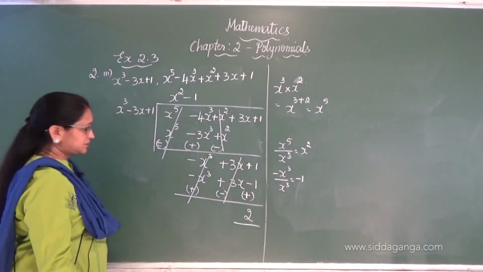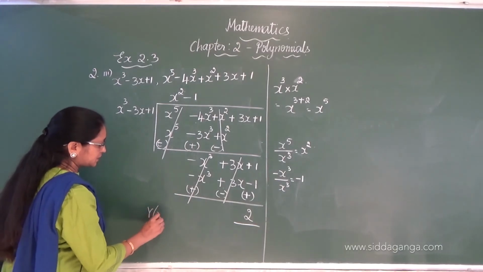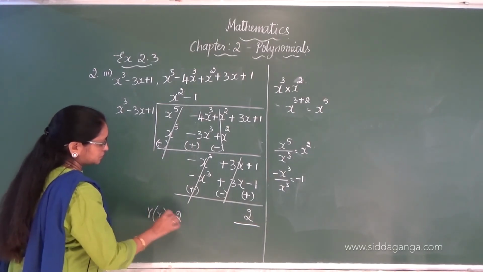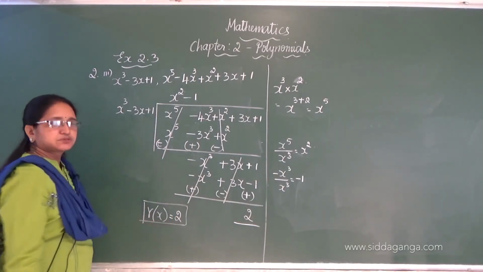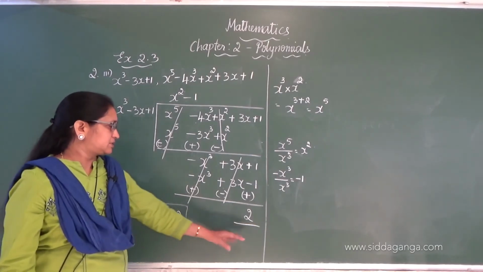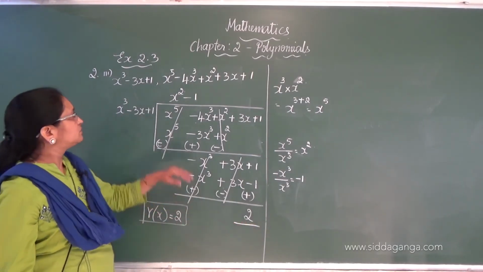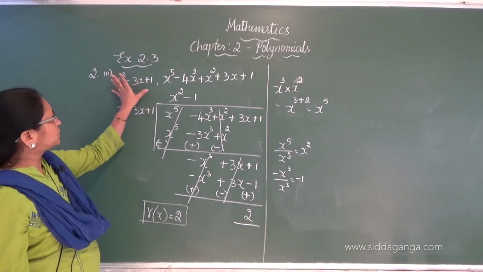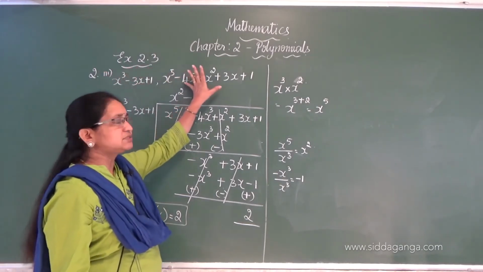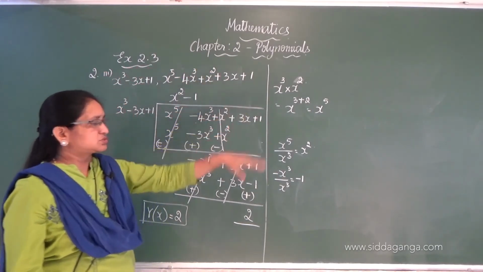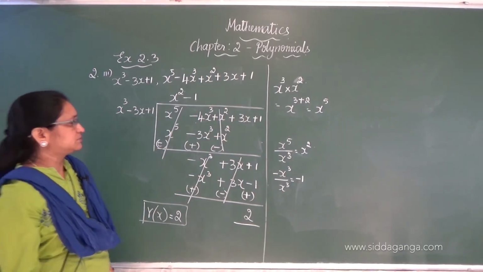So what is the remainder? Rx is equal to 2. So when Rx is equal to 2 means the remainder is not 0, then we can say that the first polynomial is not the factor of the second polynomial. So you should write the conclusion.